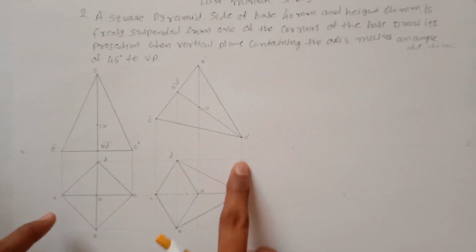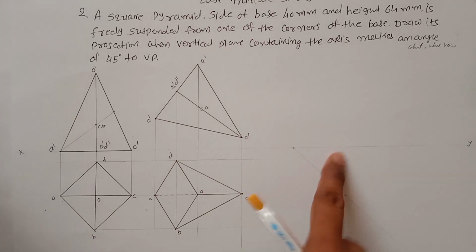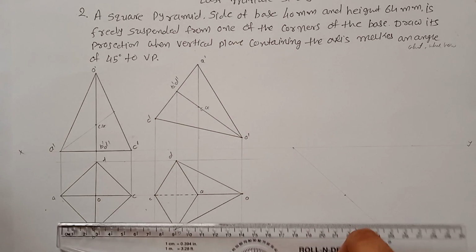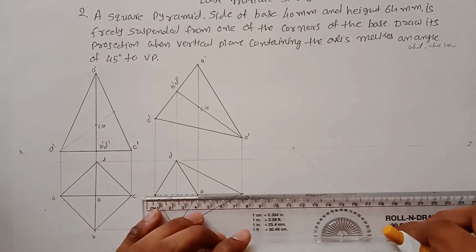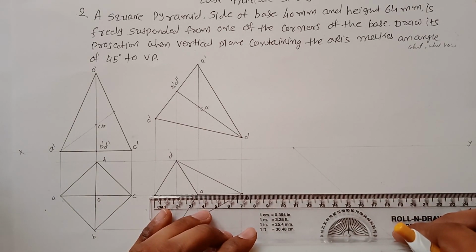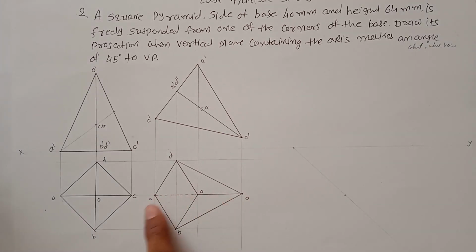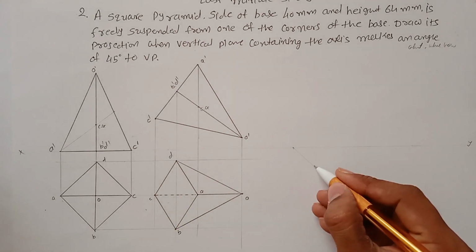Now you have to construct this rectangle here with the same dimensions which we have here. So let's start with this line, because we already have this line. It's around 6.8. So C to O point is 6.8. So let's say this point is my C point.